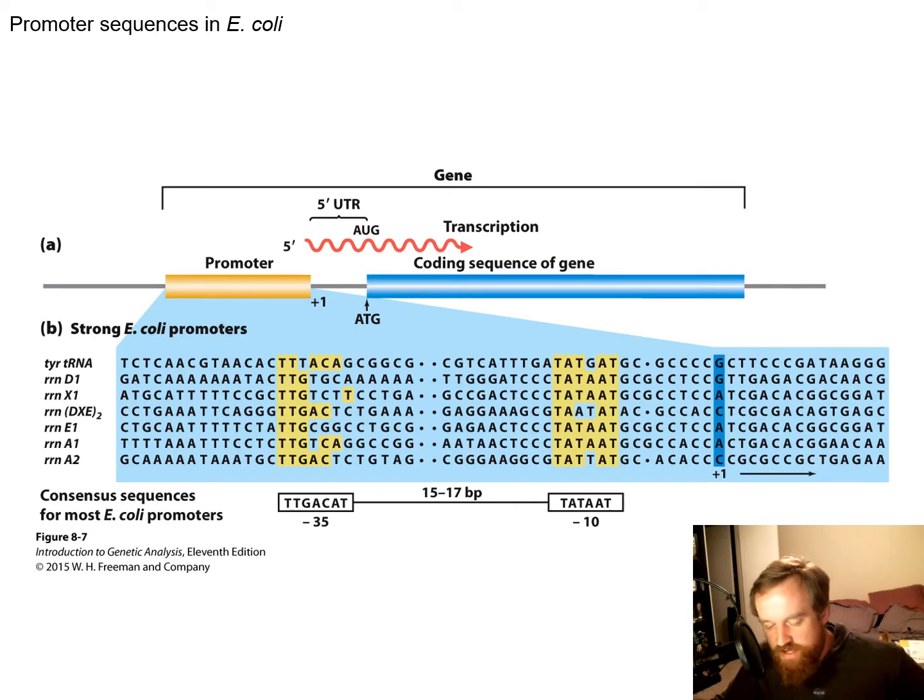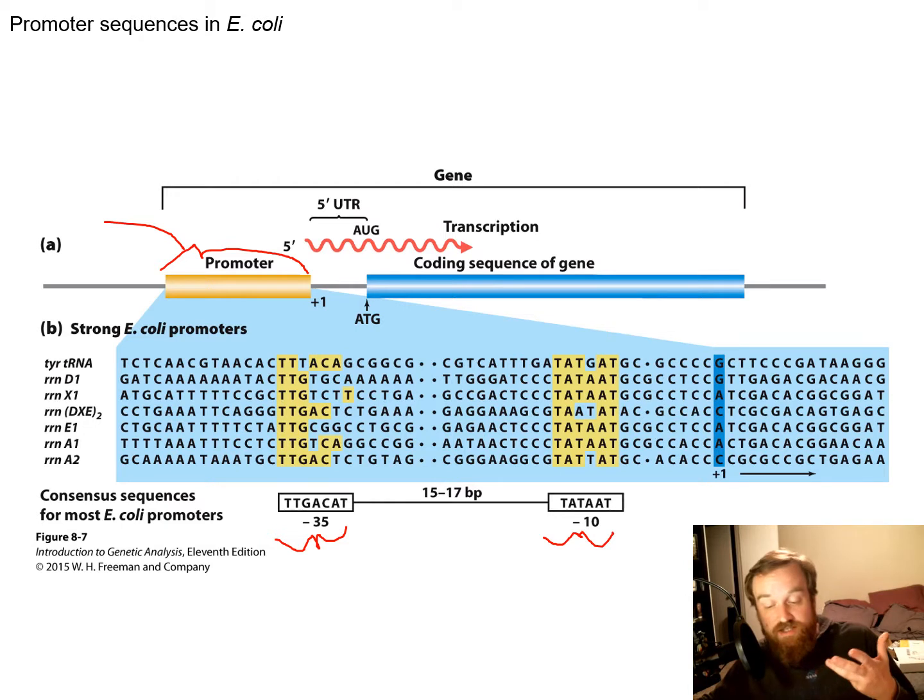This is a generalized structure of a gene. So we have the promoter region. This here is the region that the transcription machinery will recognize. It will kind of lay down, and it's kind of like the starting line of this process of turning a gene into mRNA. And so there are these common elements within a promoter. We have the -35 region and the -10 region.